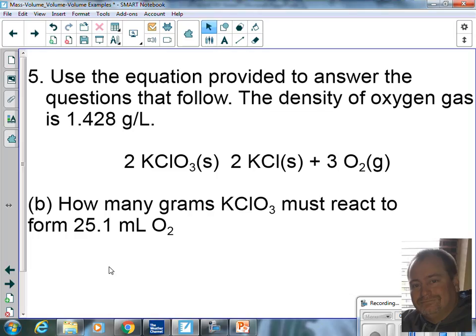If you feel confident and you're ready to roll, go ahead and go to WebAssign. If you want to watch me work this last example, I'm going to set the timer for 10 minutes, and then I'm going to work it in the back of the room. Okay? So, have at it.